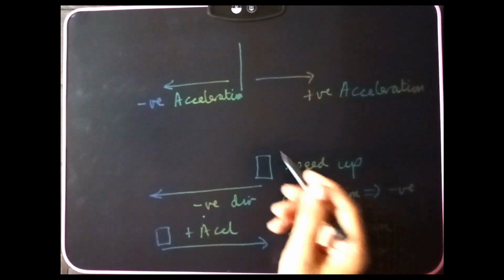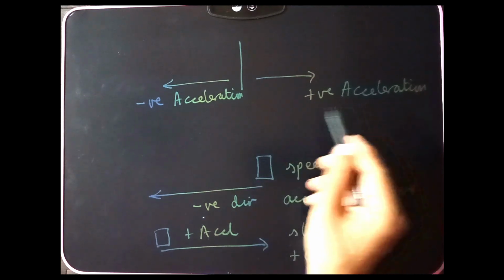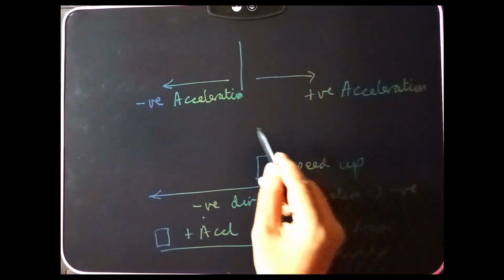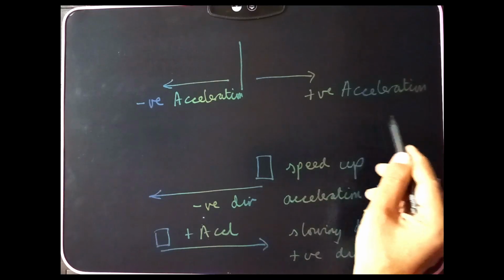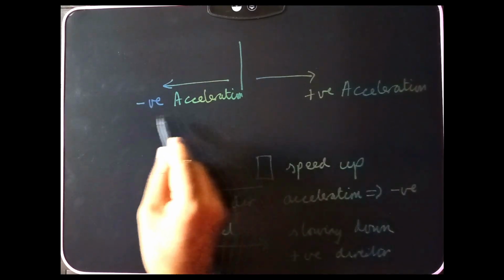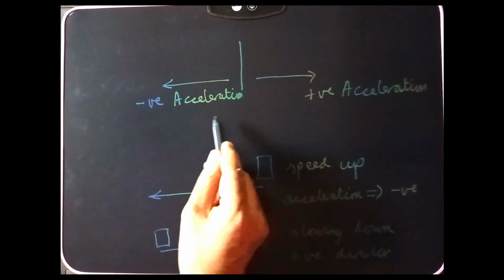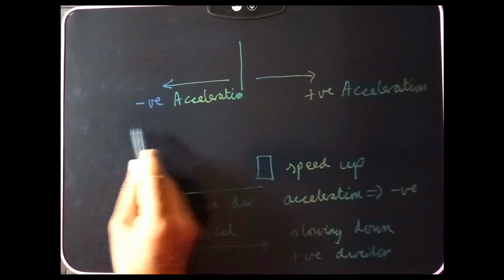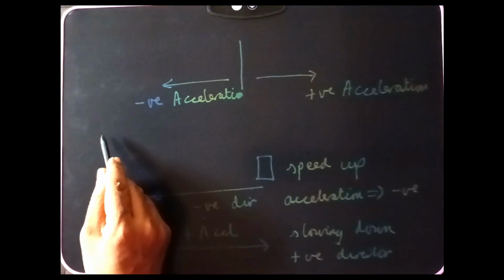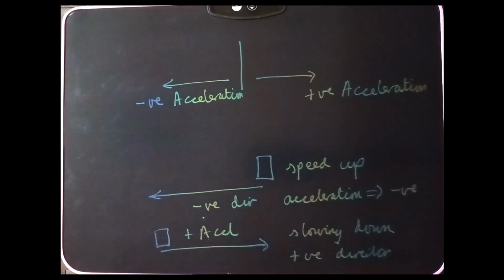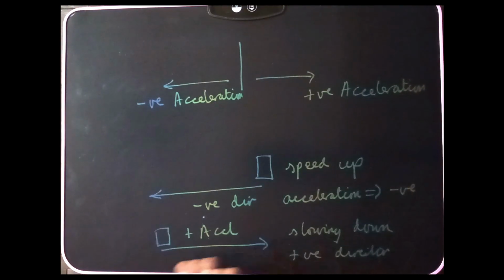I could move in the positive side, but I could slow down. There could be retardation. I could move in the negative side, but I could speed up, even though that direction is negative. So let me clear this out.